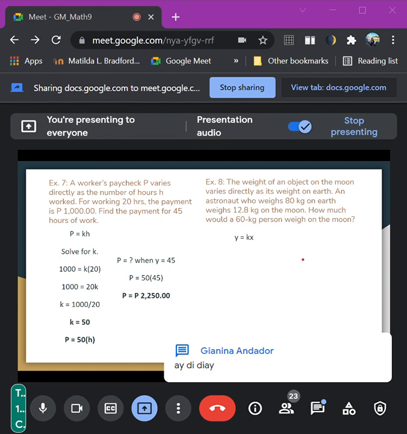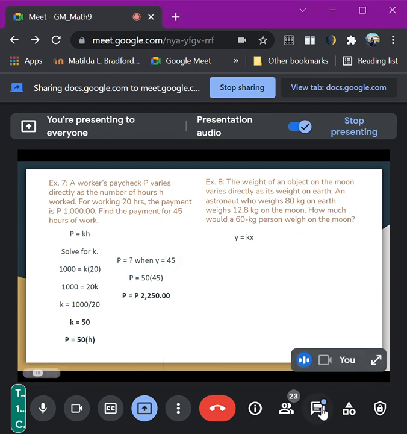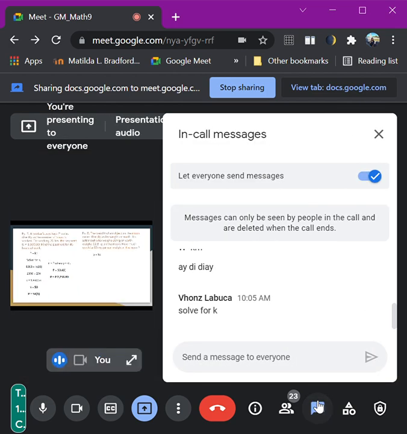Okay. So, akong gigamit niya, class, is you can use any letters, ha? As long as sakto gyapon iyang pagsuwat. Any letters will do.